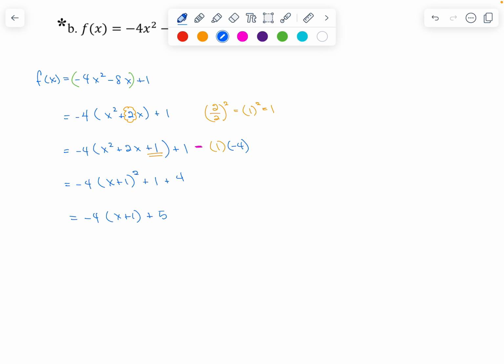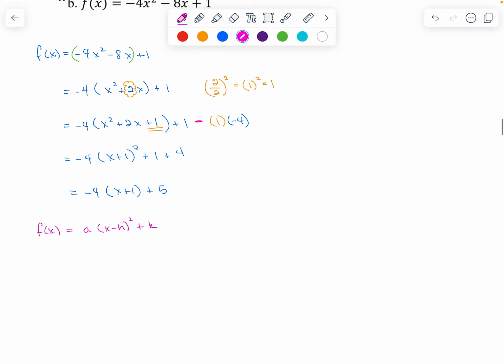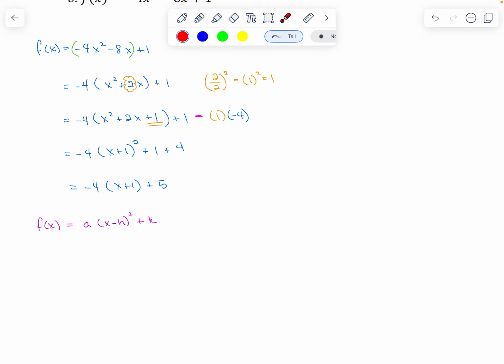And so from there, we're going to be able to see that we have our vertex. Be careful when you do this. The format of it is f of x is equal to a times x minus h quantity squared plus k. Notice that I have this plus 1, so it has to be a negative between them.